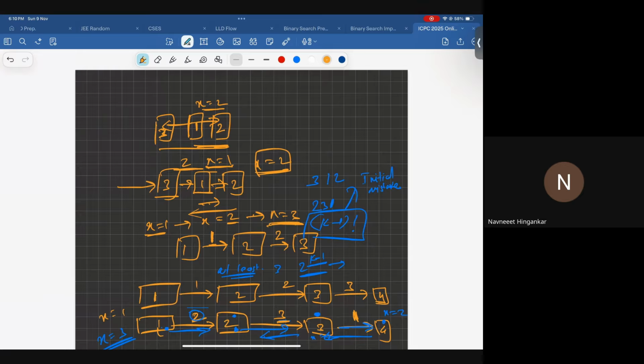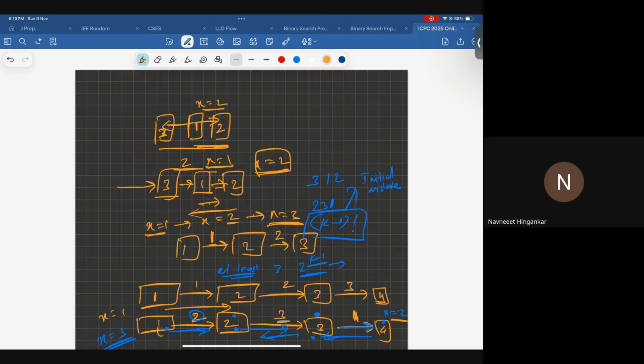You must start at node 1 and return to node 1. Yes, we must start at node 1 and return to node 1. x equal to 1, x equal to 2. Sorry. I got it now.